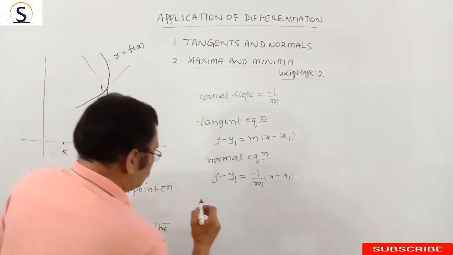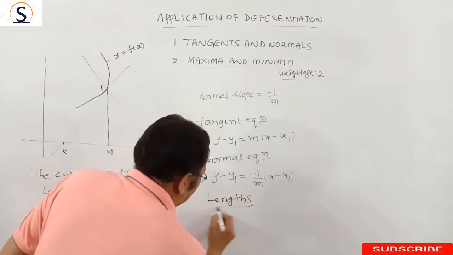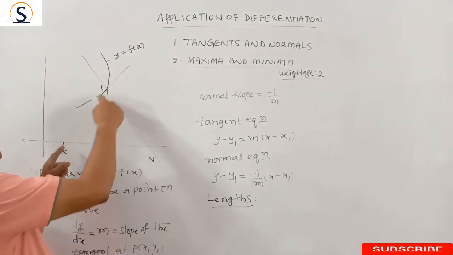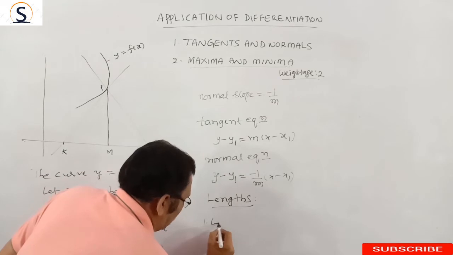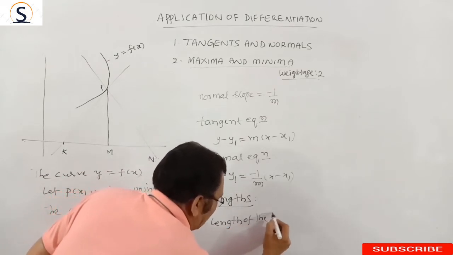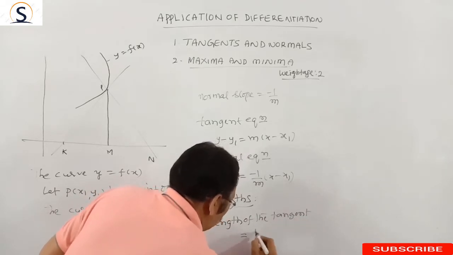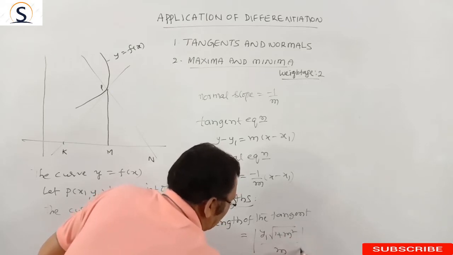Next we have length of tangent. PK is length of tangent. Number 1, length of the tangent is equal to modulus y1 into under root of 1 plus m square by m.